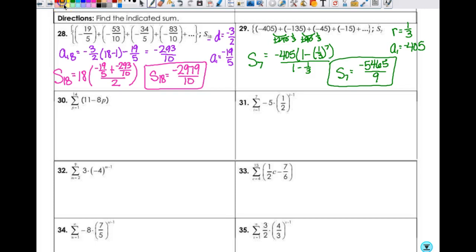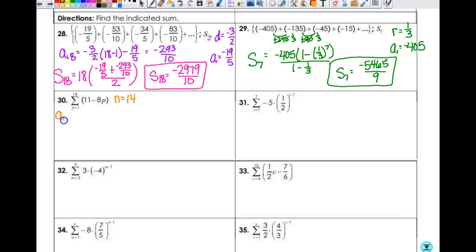Okay. So here, this means summation again. I can tell by looking that it is arithmetic. It's not set up like a geometric. So in order for me to find the sum of the arithmetic, I need n. N here is 14. I need A1, and I need A14, right?